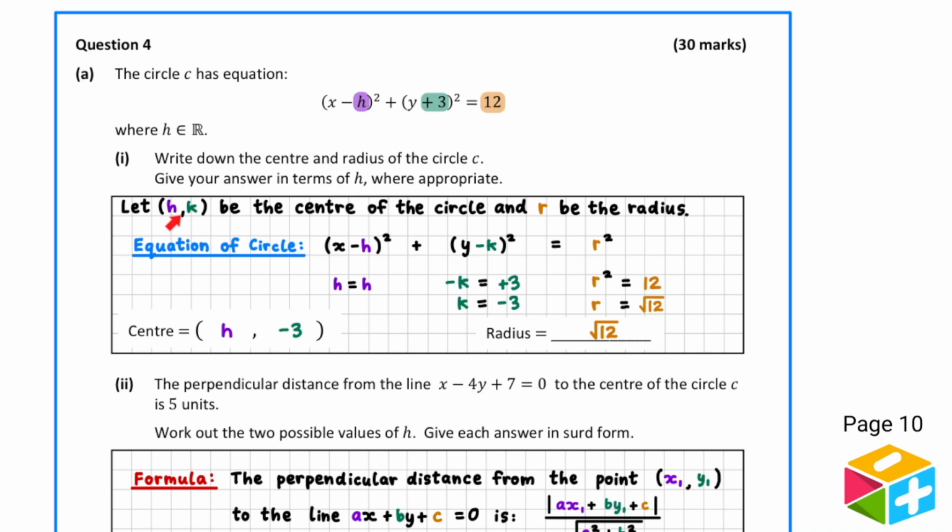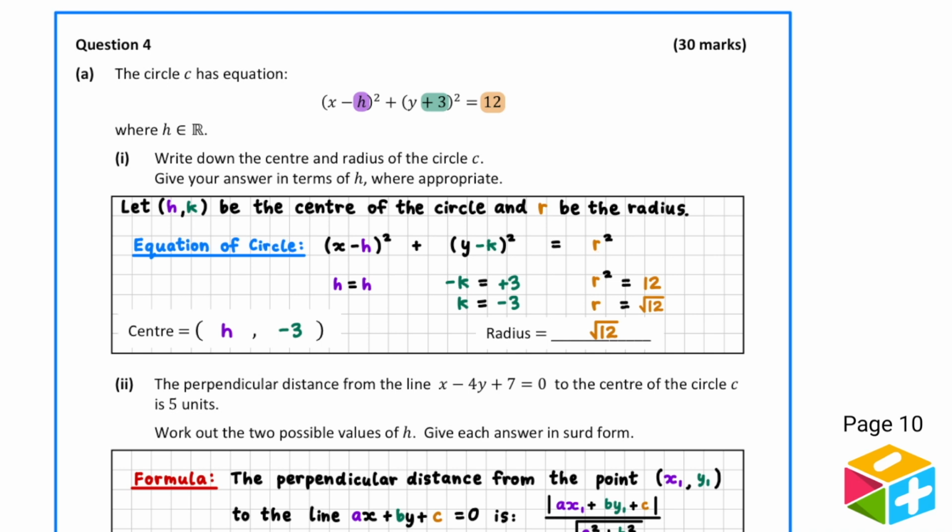If we let (h, k) be the centre of the circle and r be the radius, then the equation of the circle will be (x − h)² + (y − k)² = r².